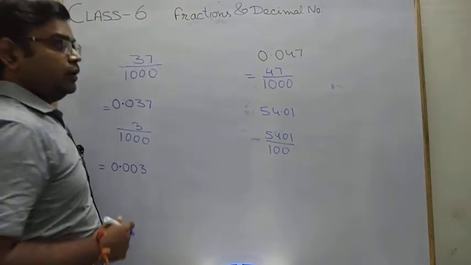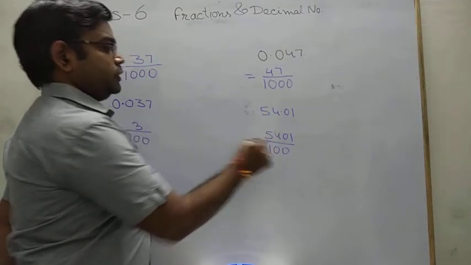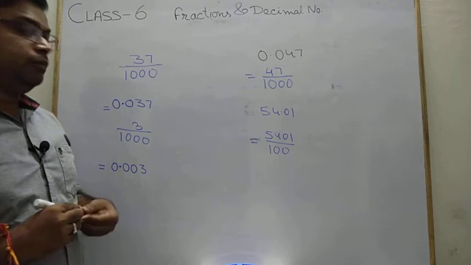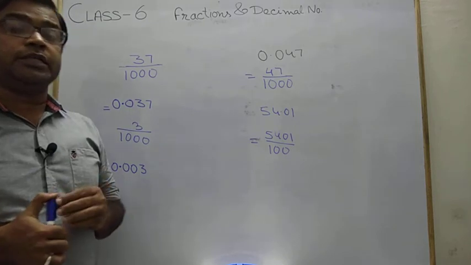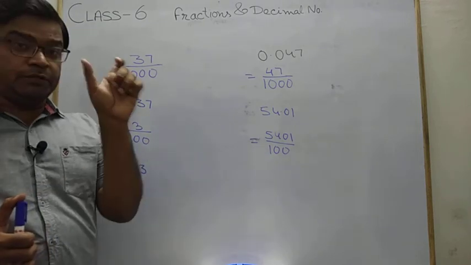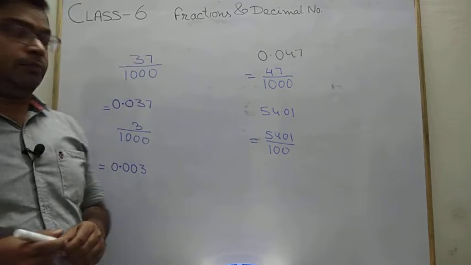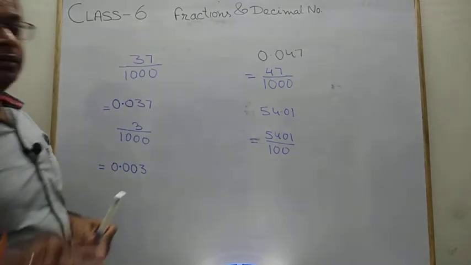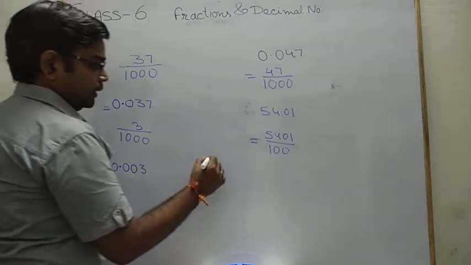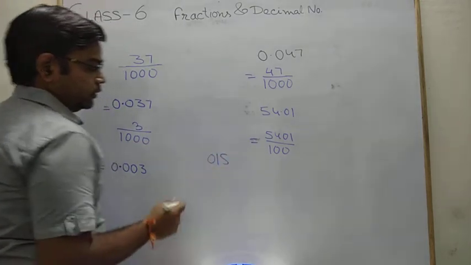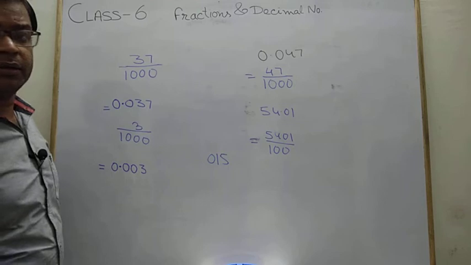This is the decimal fraction for this one. Now what I am telling you is that if 0 is on the left hand side of any whole number, then that 0 is meaningless. If I write 015, this 0 is meaningless. Clear?